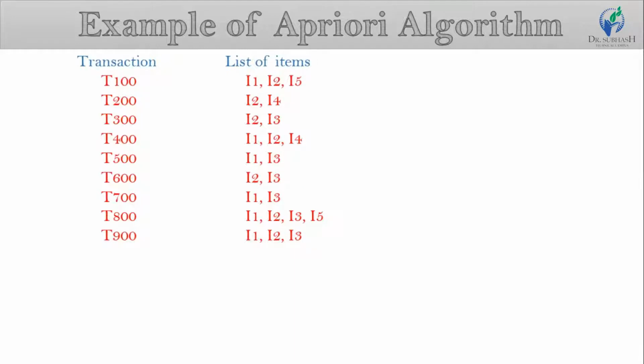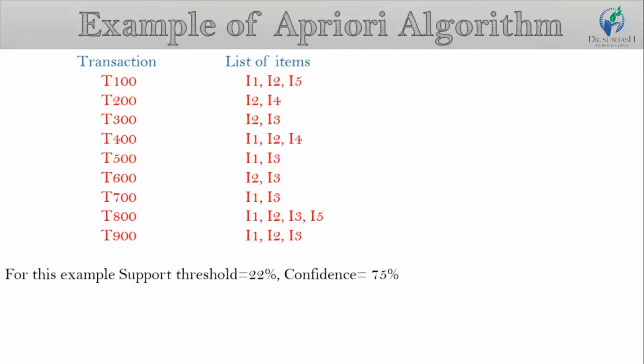And transaction T900 includes I1, I2, and I3 items. For this example, the support threshold is given as 22% and confidence is given as 75%. Now I explain the solution for the Apriori algorithm.